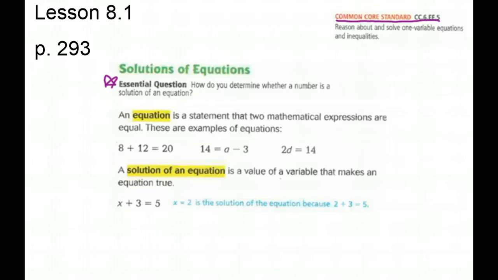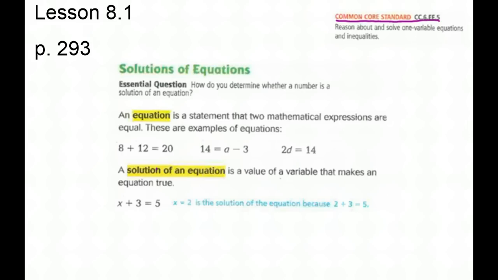Well, a couple of key words that you need to know are equation and solution of an equation. There are three examples right here of equations, and you'll notice that each one has an equal sign. That's what makes an equation, and we've talked about how expressions do not have equal signs, and that's how you can tell the difference between an equation and an expression.